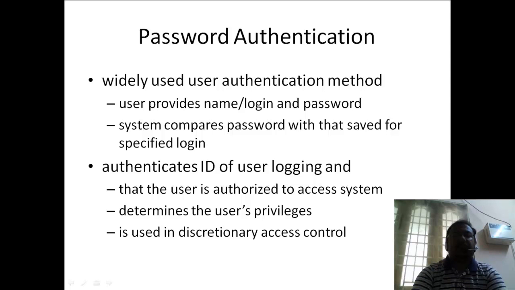So here we authenticate the ID of a user who is trying to log into a system. When the username and password are true, the user is authorized to access the system. It also determines the user's privilege, and it is also used in discretionary access control.